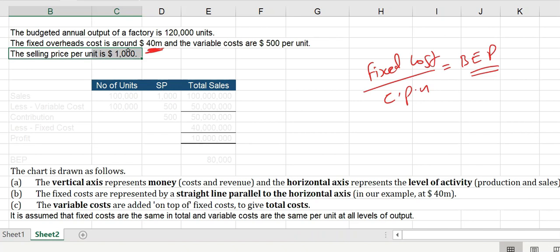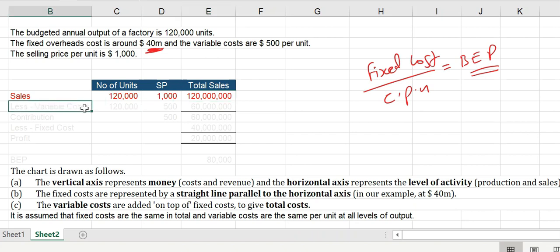So let's calculate. The selling price is 1000 and the budgeted annual output of the factory is 120,000. So total sales value will be 120,000 times 1000, which will be 120 million US dollars.